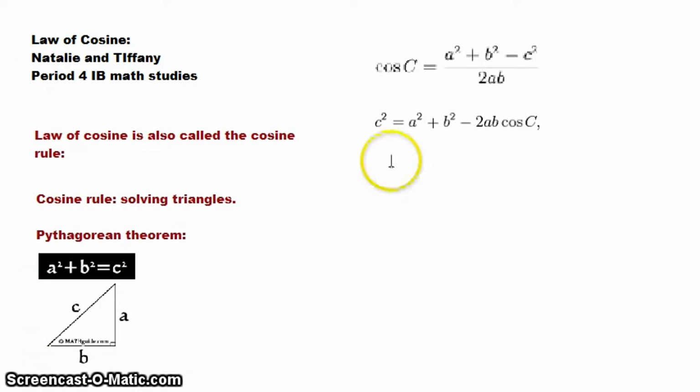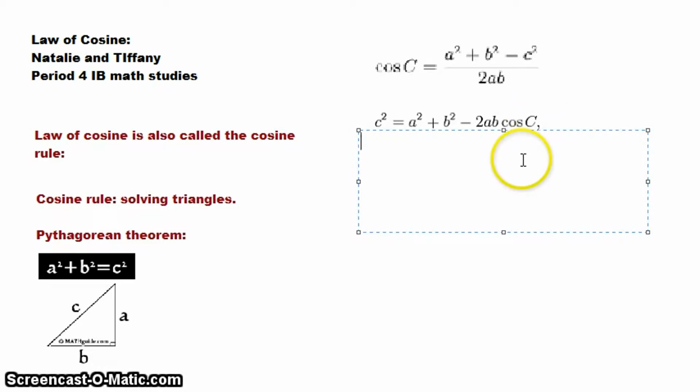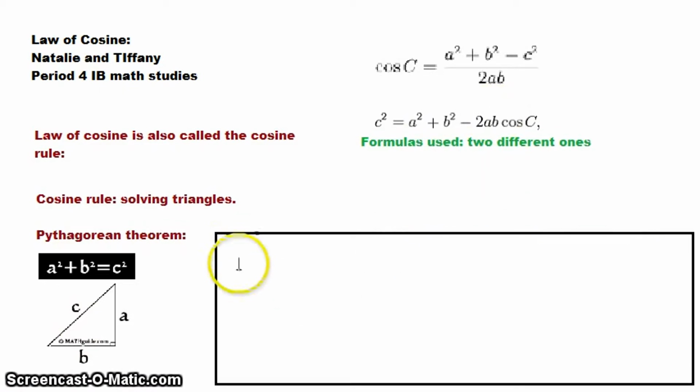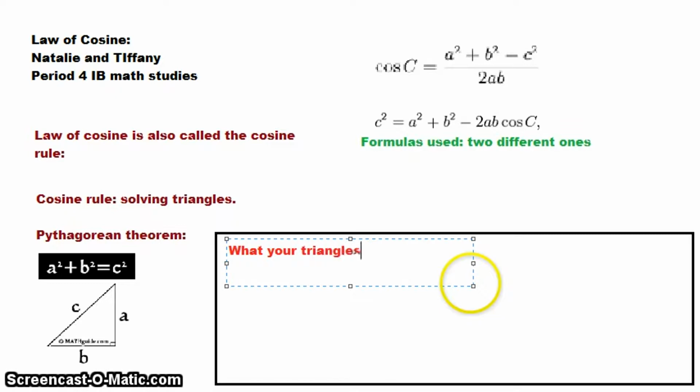And so these two would be the two types of formulas that you would see in order to solve them using the cosine rule, finding the side that you need from the triangle. So here are what your triangles should look like. There would be different varieties.